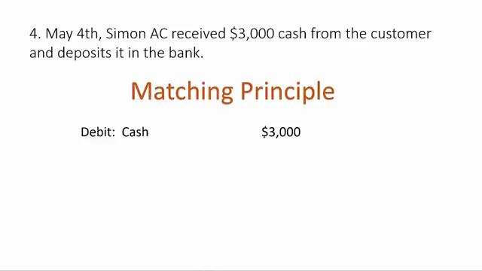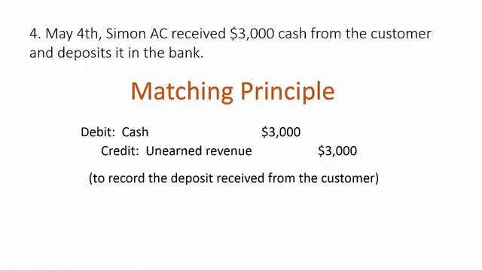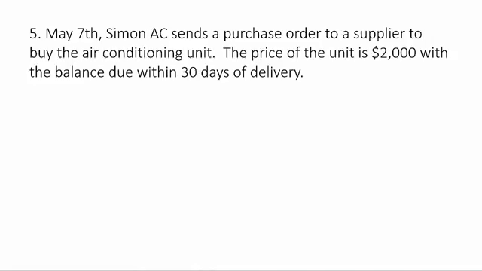It doesn't belong in assets, nor does it belong in equity. We can park this money in a liability account that we can call unearned revenues. Keep in mind that if we don't fulfill our obligations to install the air conditioning unit, we will need to refund the customer this cash. So think of it as owing the customer this money until we complete the installation.